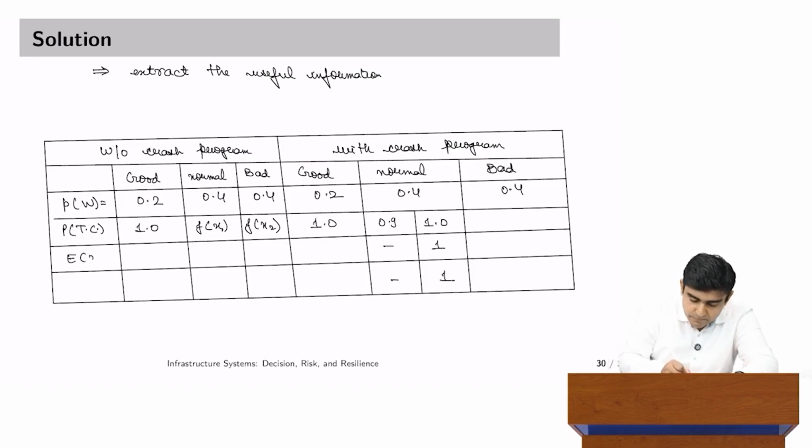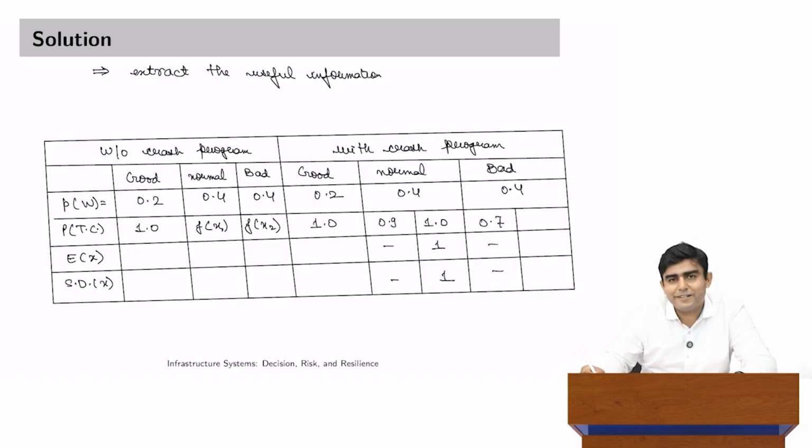So, this becomes expected x, this becomes standard deviation of x. Similarly, when weather is bad, contractor envisions that 70% chance with crash program he can still complete the project, and 30% chances are there that delays will be there, but still 1 and 1 days of delay will happen.